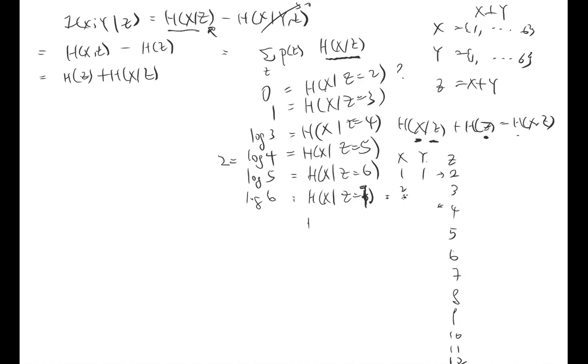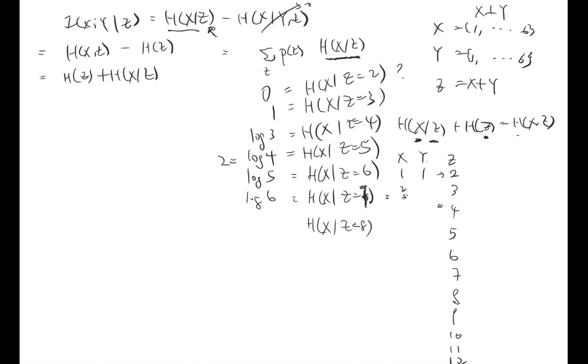Now when I go up, it gets tricky. If given z equal to 8, what's the value x can be? What is H(X given Z equal to 8)? Yes, the value can only go from 2 to 6.